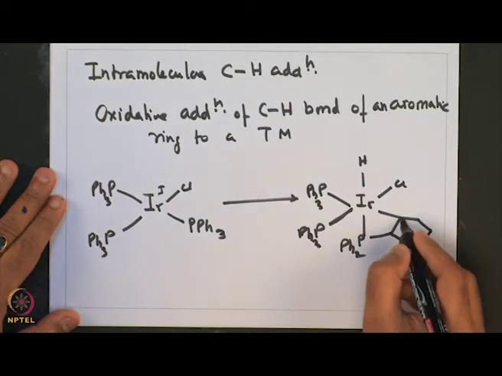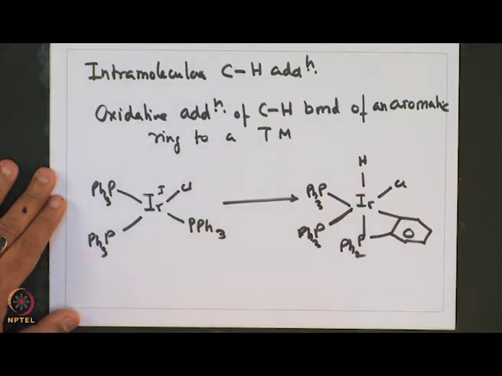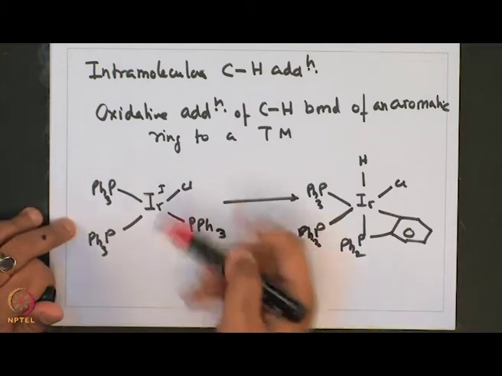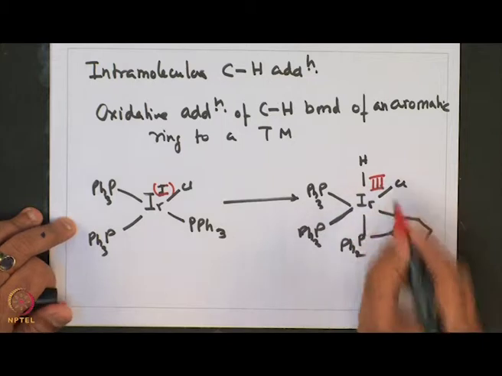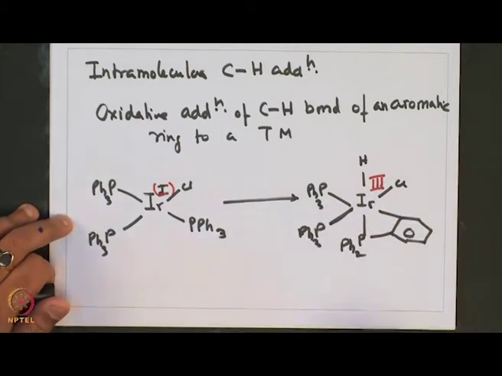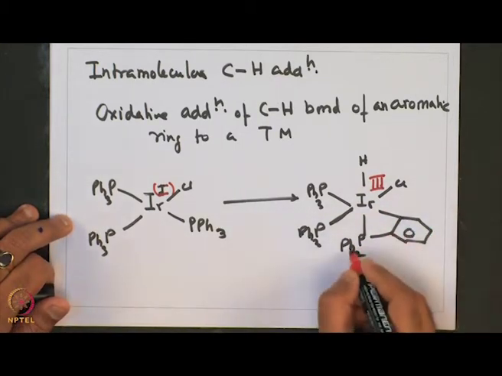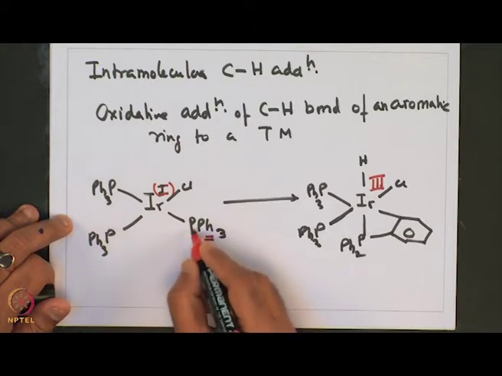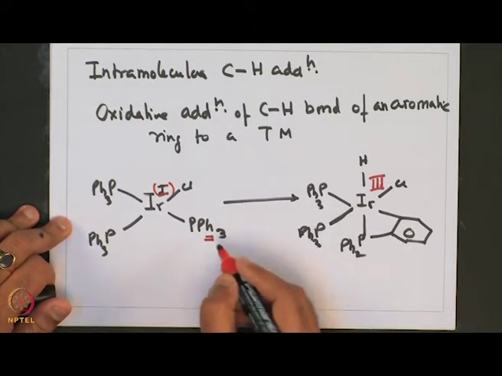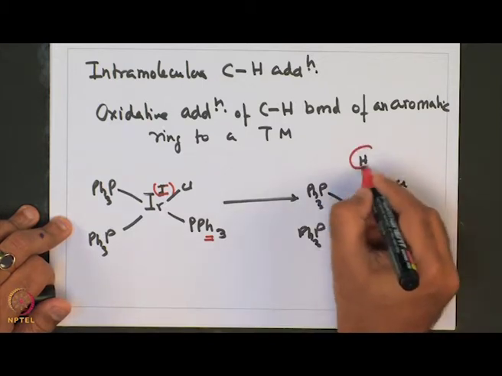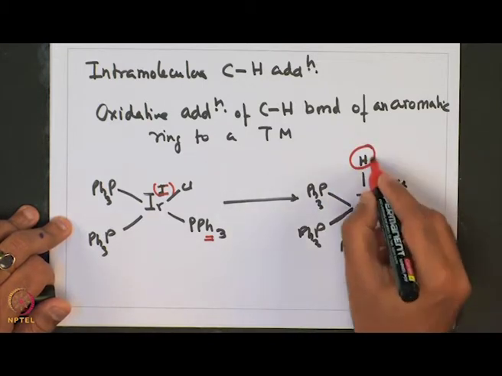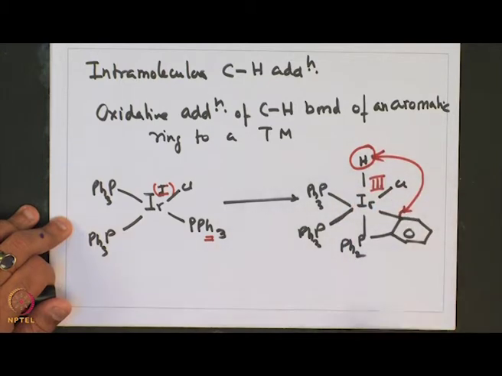Since it underwent the oxidative addition, the oxidation state of iridium has changed from iridium 1 to iridium 3, and also one of the phenyl rings of this PPh3 moiety got activated. So, this hydrogen and this carbon, this CH bond, got activated.